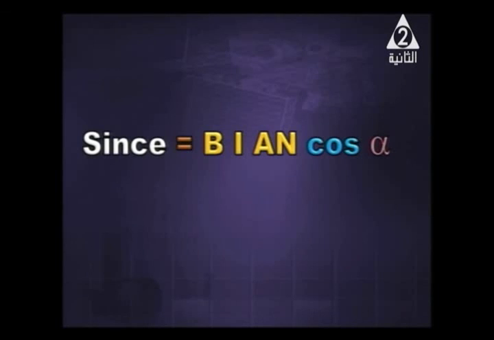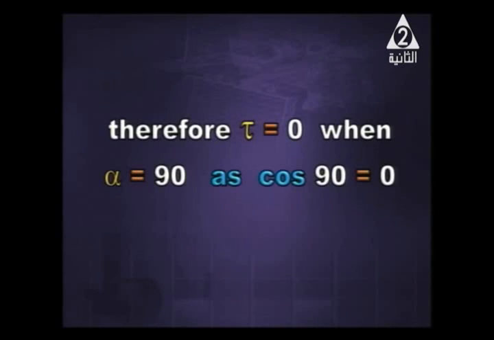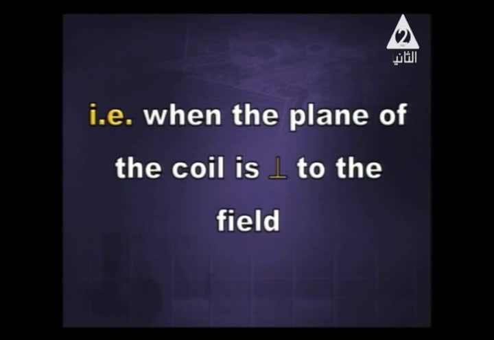Torque is given by the expression BIAN cosine alpha, where alpha is the angle between the plane of the coil and the magnetic field. So the torque will be 0 when the angle between the plane of the coil and the field is 90, as cosine 90 equals 0. That's to say, when the plane of the coil is perpendicular to the field. This happens in the vertical position.